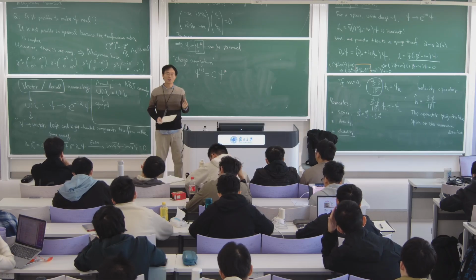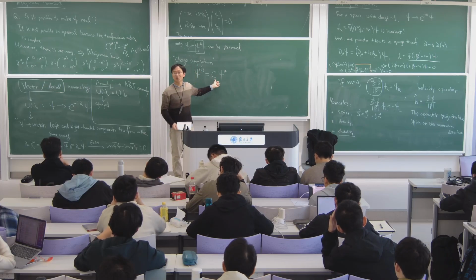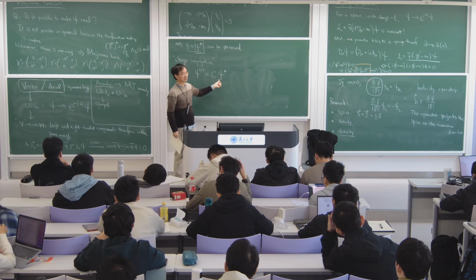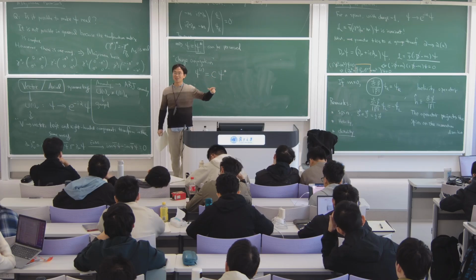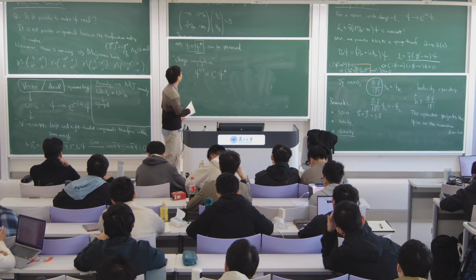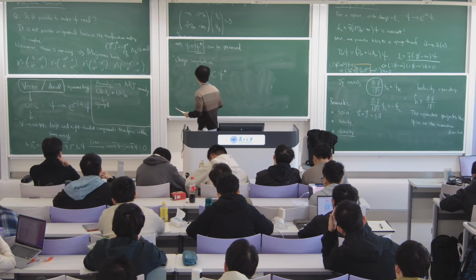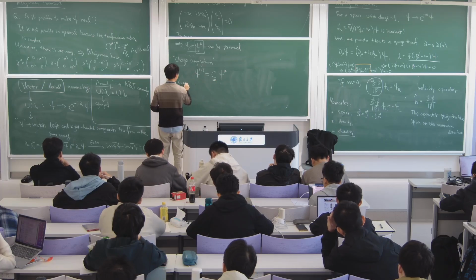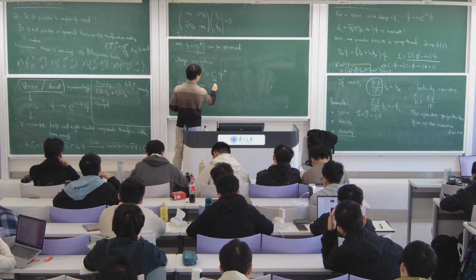A priori we don't know, so we set some undetermined matrix here, because the fermion has internal structures. So we define a general charge conjugation in this way, and then we find what the constraint on this C matrix is.